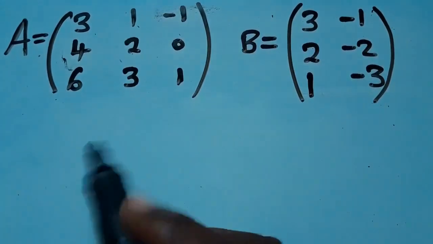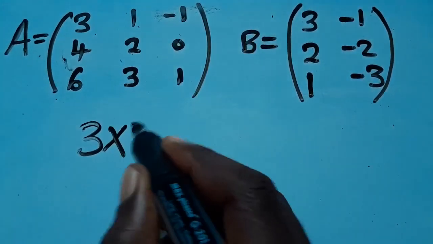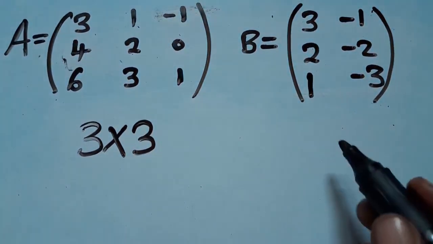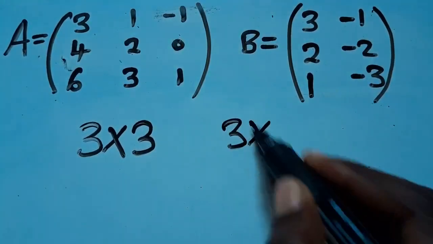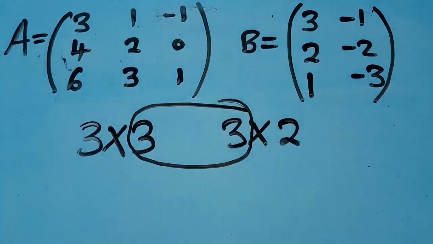The order of this matrix is a 3 by 3. What is the order of this other matrix? 1, 2, 3. That's a 3 by 2. So since these are the same, then we can multiply them.